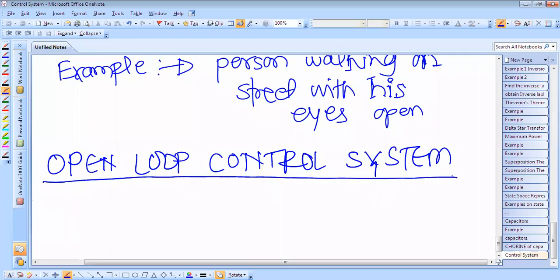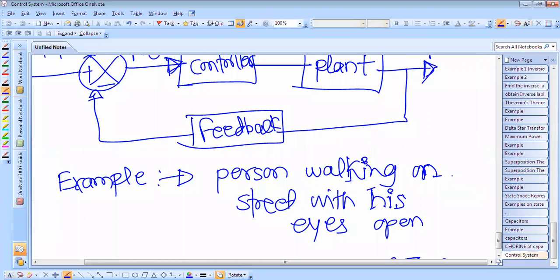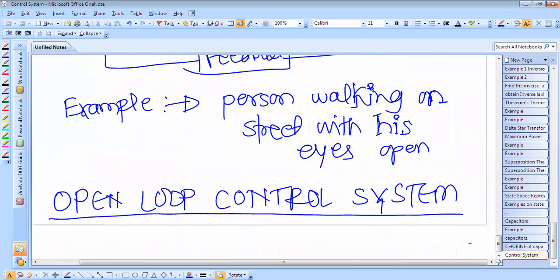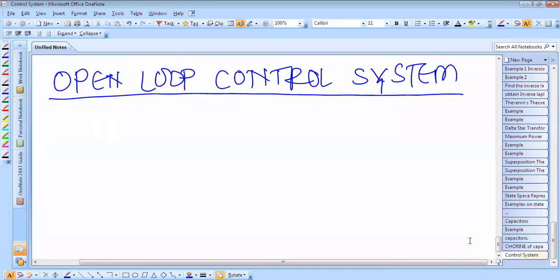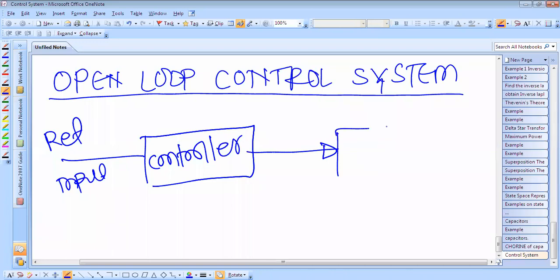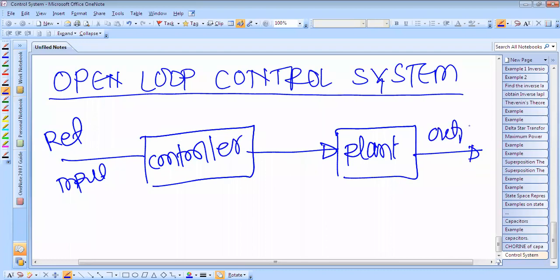Open loop systems are those in which the output has no effect on the control action, because there is no feedback. Therefore your block diagram of the system may be like this. As there is no comparator, only a controller is there. Here is the reference input, and it is given to the plant or your system, and here is the output.